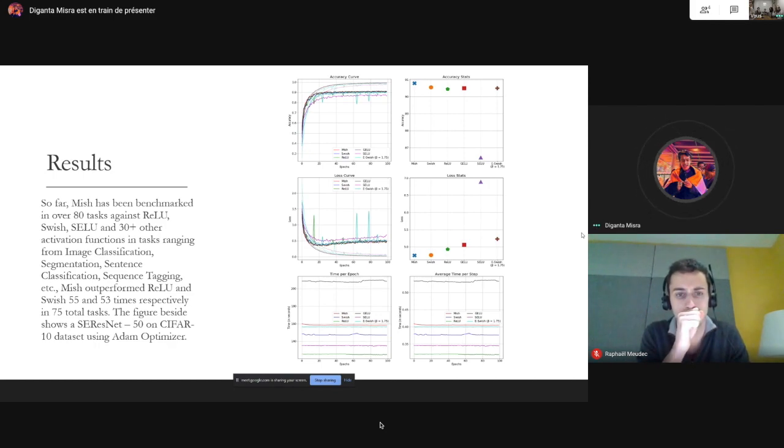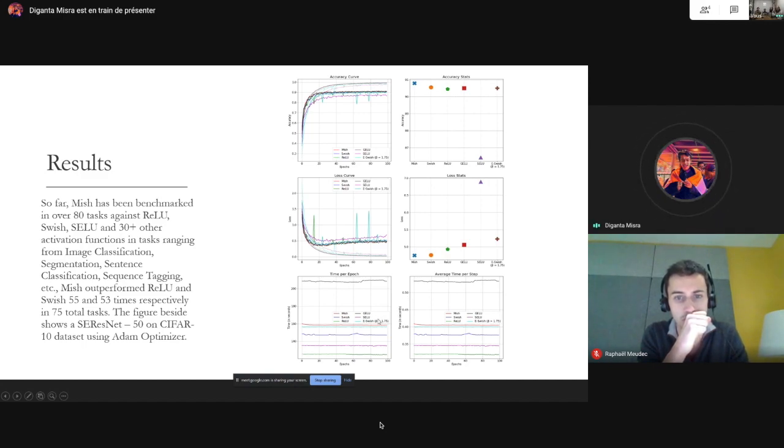So far, Mish has outperformed ReLU and Swish in terms of 75 total tasks. It has outperformed them 55 and 53 times respectively. This is one of the examples where we used a squeeze-excite ResNet on CIFAR-10 dataset using Adam optimizer. So you can see that Mish has the highest test accuracy and the lowest test loss.